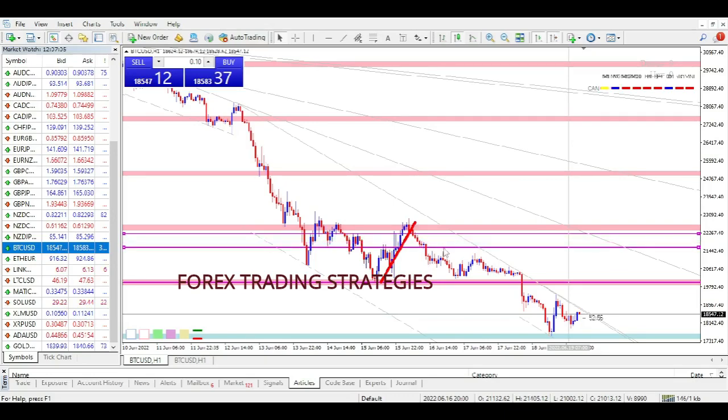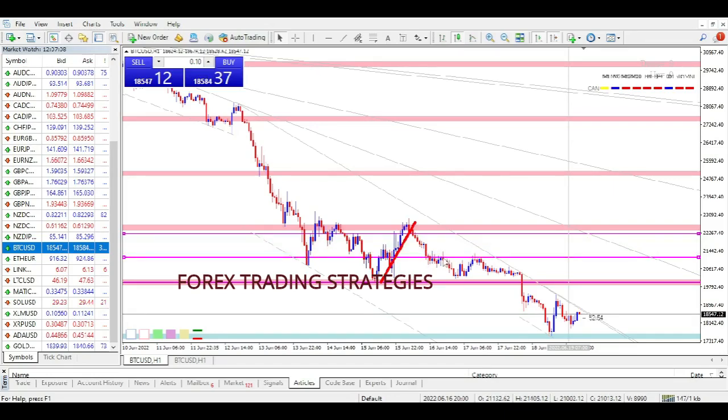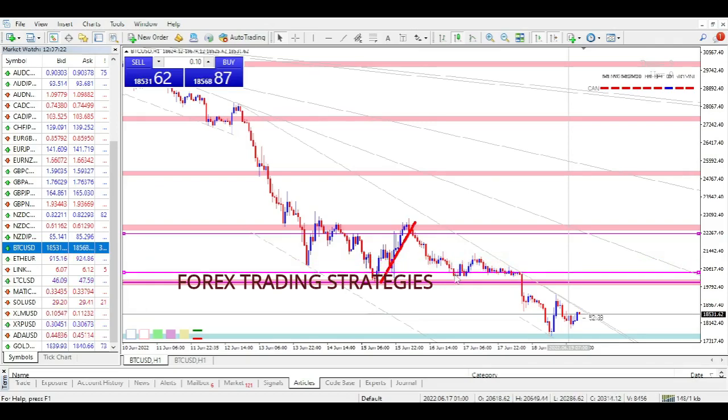There will be a point where I'll take out the majority of my trade when the price touches a certain level. Then I leave the rest to see if it can get to my take profit.